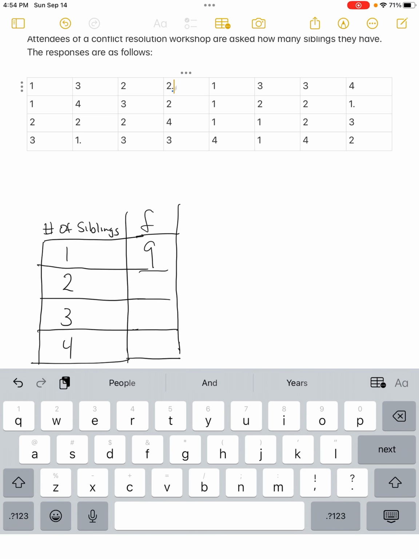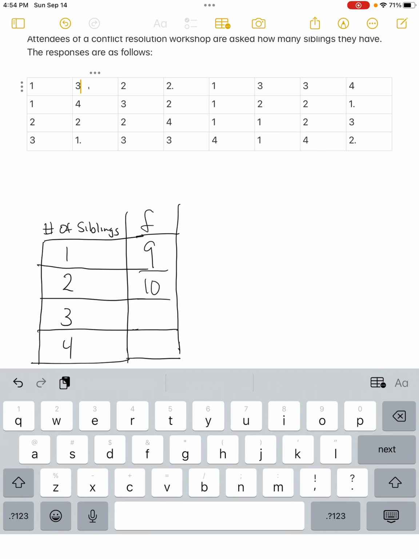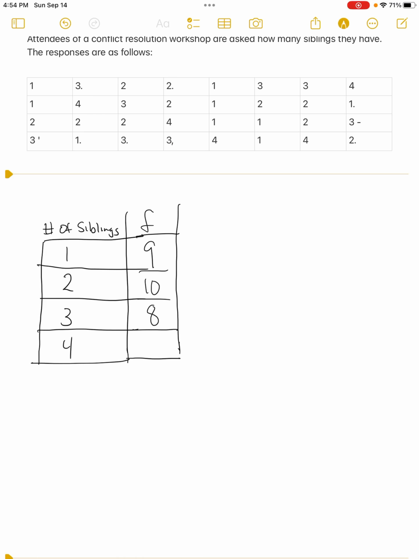Now I'm going to count the 2s. 1, 2 2s, 3 2s, 4 2s, 5 2s, 6 2s, 7 2s, 8 2s, 9 2s, 10 2s. Now I'm going to count the 3s. 1 3, 2 3s, 3 3s, 4 3s, 5 3s, 6 3s, 7 3s, 8 3s.